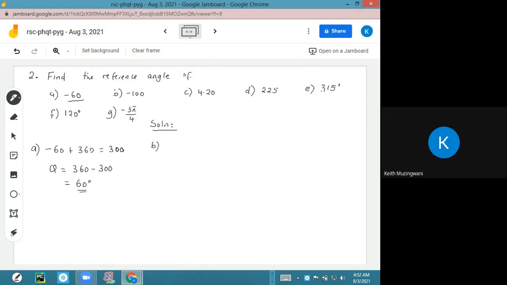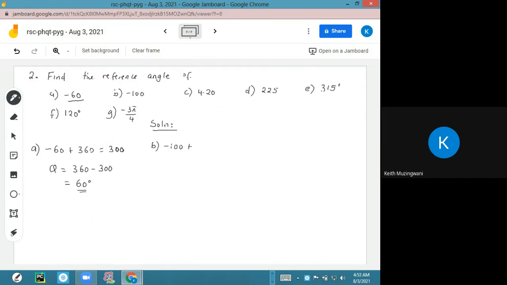You go to B, negative 100. The temptation here is, just because for negative 60 we have gotten 60, you begin to think that for every negative you just throw the negative and make it positive. Let's see what happens to negative 100. For negative 100, it's negative again.